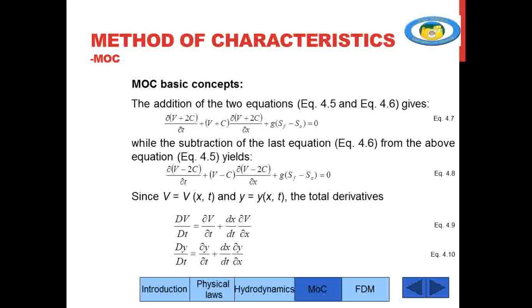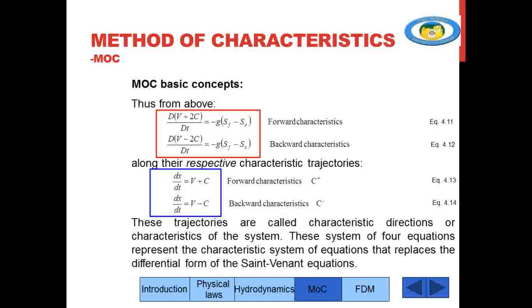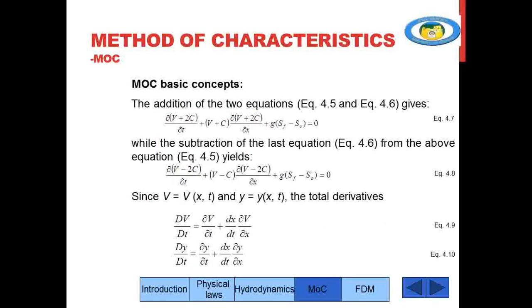This would mean here we are trying to find the total derivatives of v plus 2c or v minus 2c. So the total derivative of v plus 2c per dt, as per this set of representation, is going to be represented by negative g times friction slope minus bed slope.